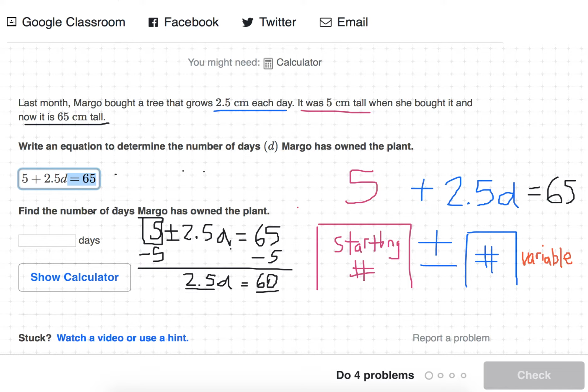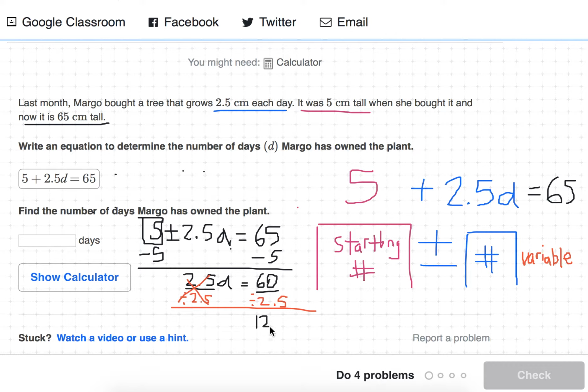So now if we divide 60 by 2.5, divide both sides of this equation by 2.5, we'll find how many days it's been growing. And I'm going to do a little mental math. 60 divided by 2.5 is the same thing as 120 divided by 5. I just doubled both of those numbers. And I know that's 24 days.